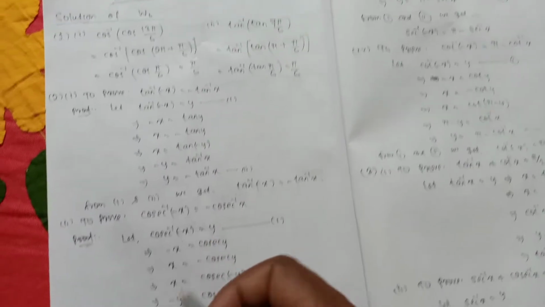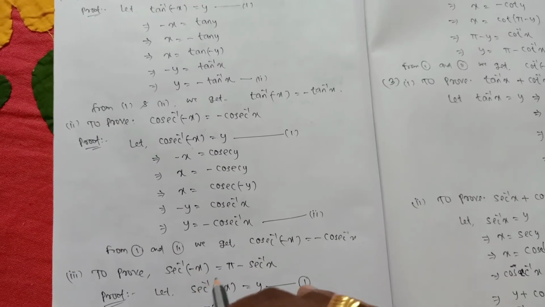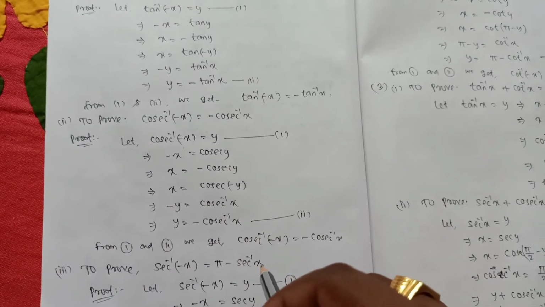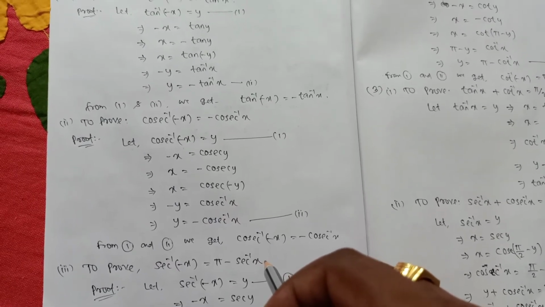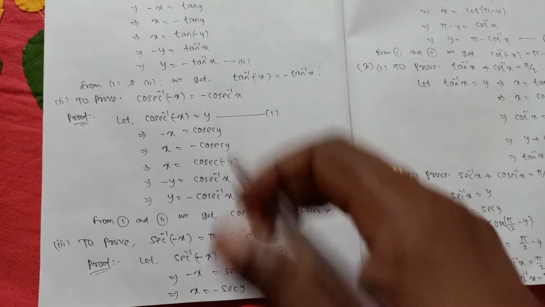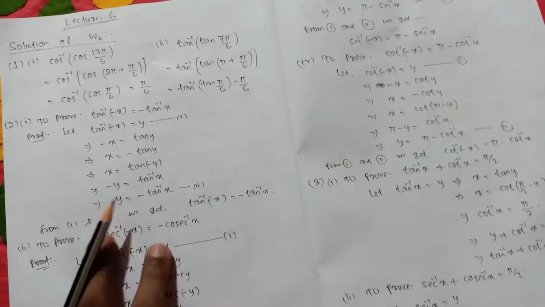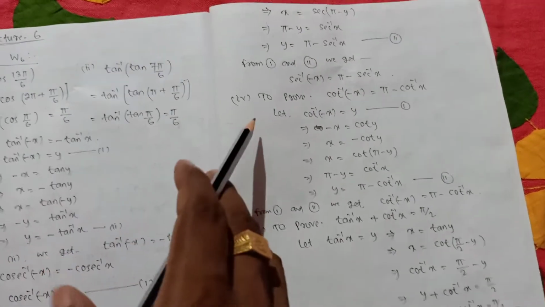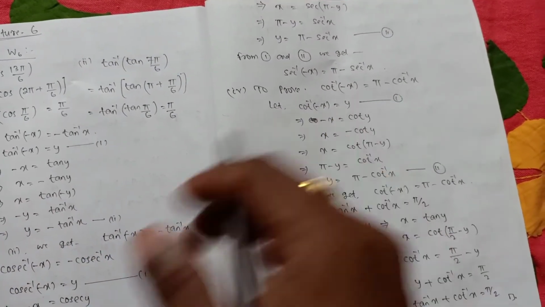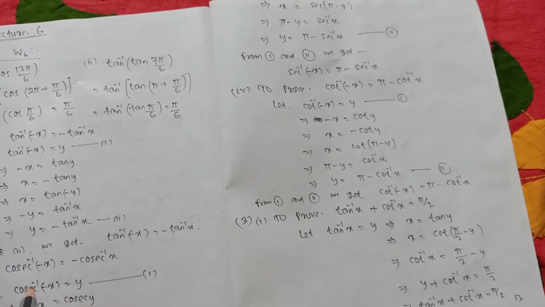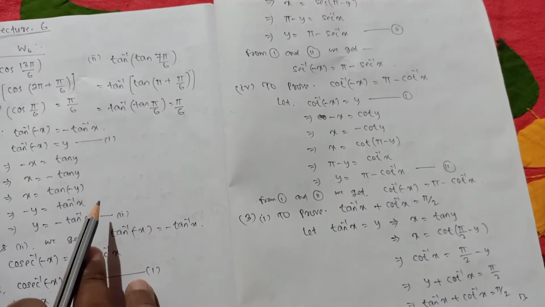The other two are: sec inverse of minus x is pi minus sec inverse x, and cot inverse of minus x is pi minus cot inverse x. We have to remember these as formulas along with their proofs.